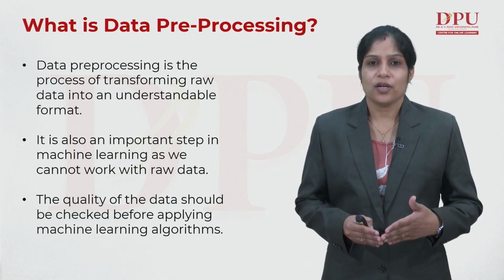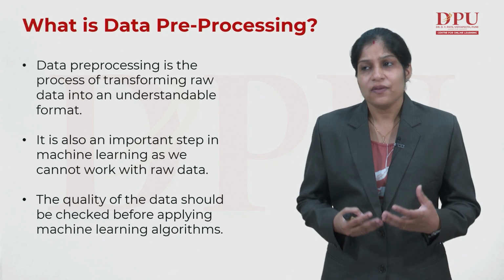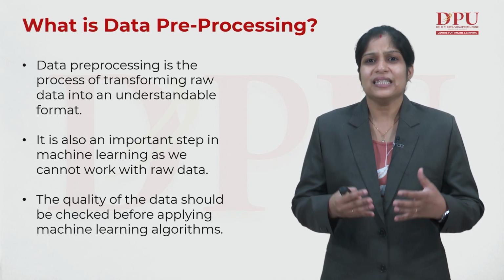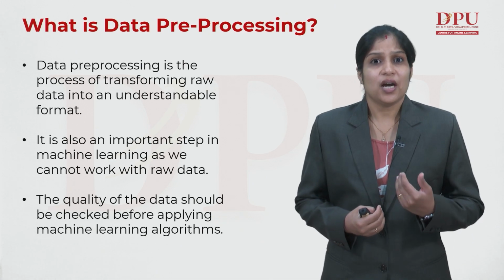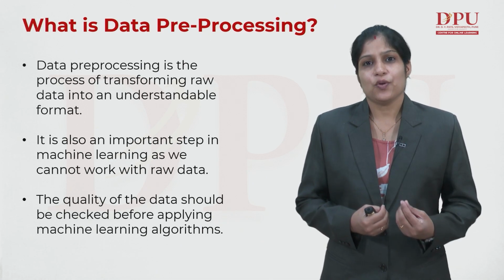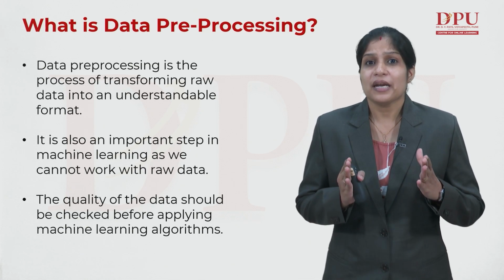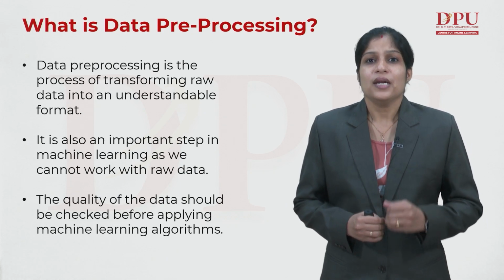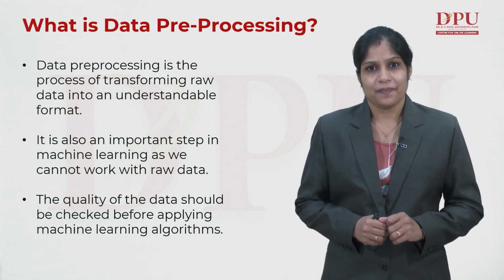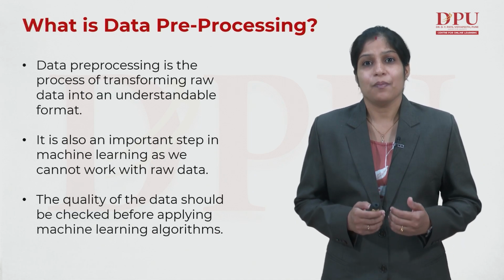We call it raw data because from wherever we gather or collect our data, that data is not appropriate and not accurate. To make it accurate and consistent, and to build a proper, accurate model, we require data preprocessing. It is a very important step in machine learning.